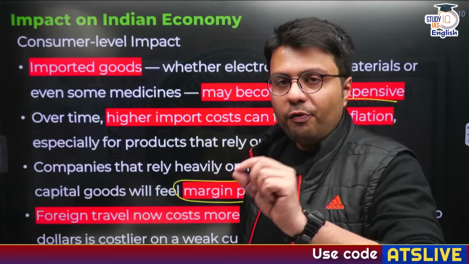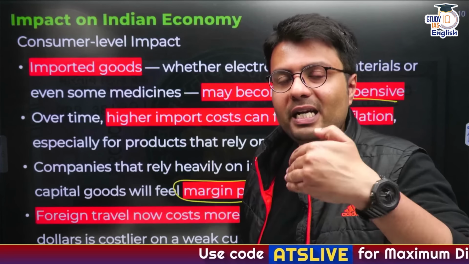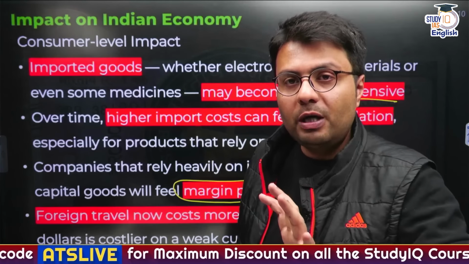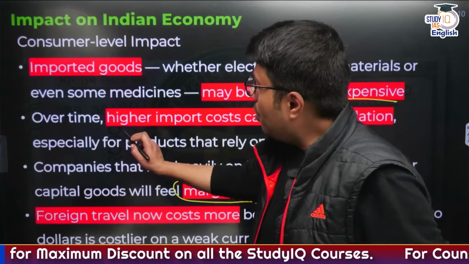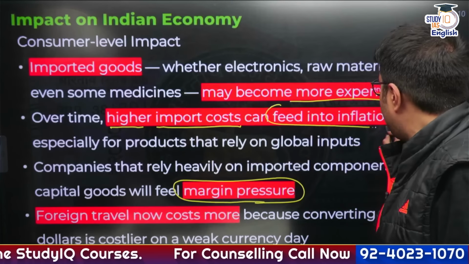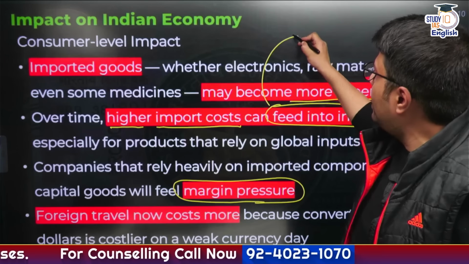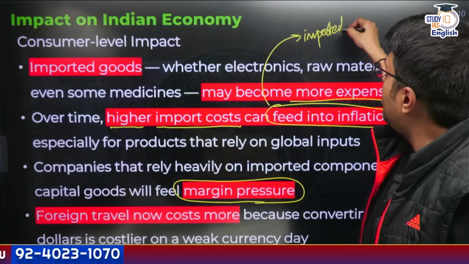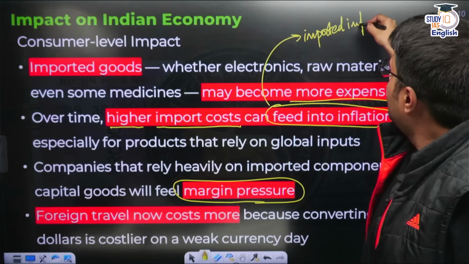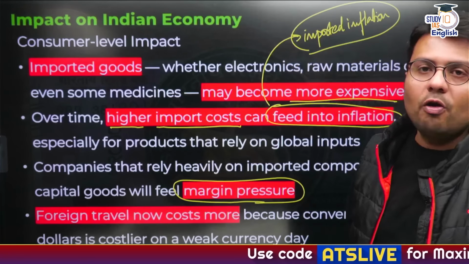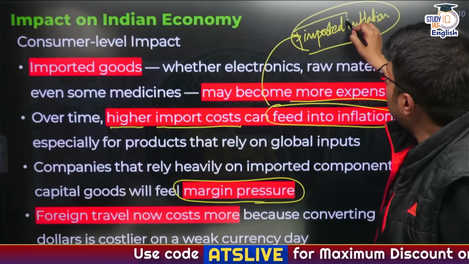To compensate for this reduced margin, companies might increase their raw material cost or their final product cost. And who would bear this burden? Consumers like you and I. So over time, there is a possibility that higher import cost can feed into inflation in India. This specific case of inflation in India is called the phenomenon of imported inflation. What is imported inflation? When inflation increases in an economy due to a rise in prices of imported goods.